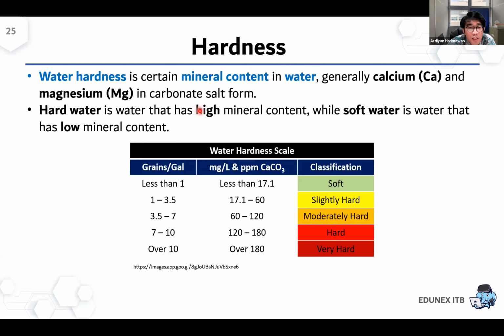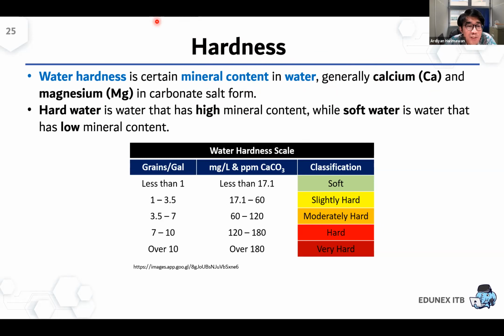But besides industry, in daily life, why is this called hard water? If the mineral content from calcium and magnesium is quite high, it's called hard water. Why is it called hard water? Anyone knows?